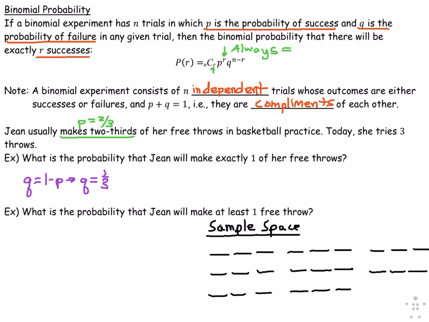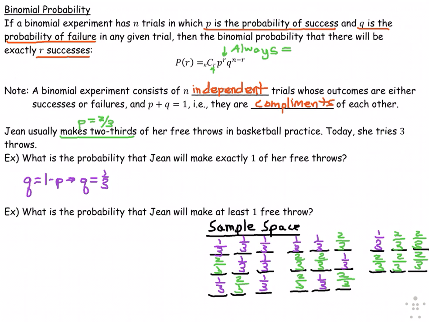And this will count as a binomial probability problem because you either make the basket or you don't make the basket. So we want to know the probability that Jean will make exactly 1 of her free throws. So we have 1 success and 2 failures, which creates the following sample space. So this is the space of all possible outcomes.